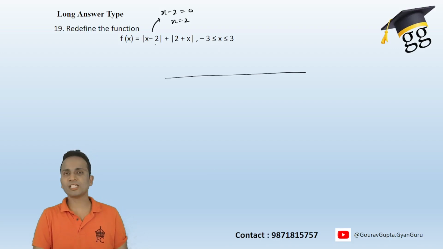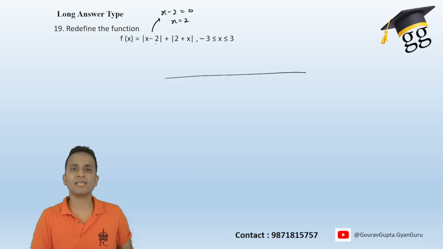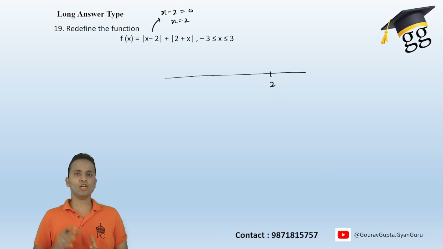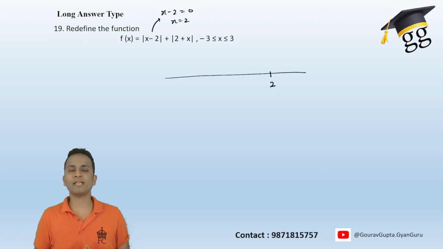So modulus of x minus 2 will change its sign along the point x equal to 2. So I'll mark x equal to 2 on the number line. So on the number line, on the right hand side of point 2, modulus of x minus 2 will be equal to x minus 2, right? Will be equal to positive of x minus 2.